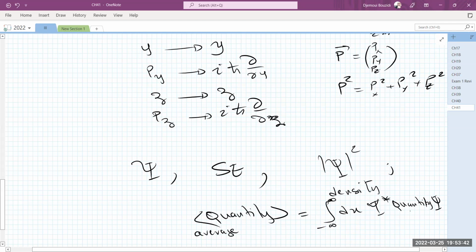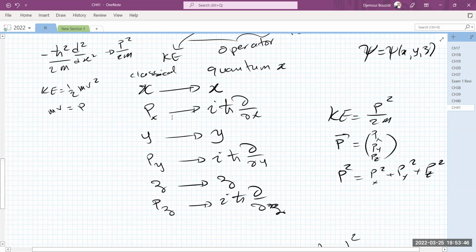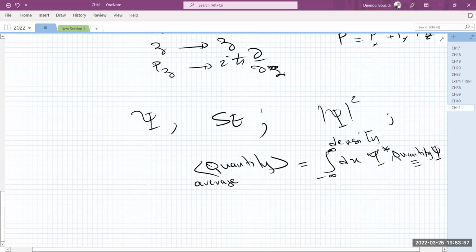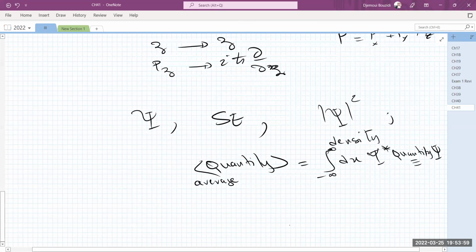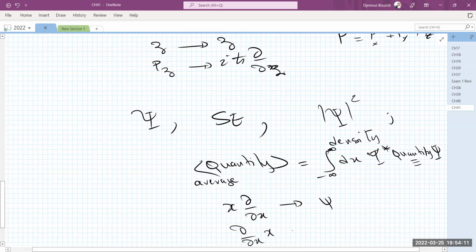Why? Because this quantity that I want to measure could have in it P, either one of these P's, so it potentially has this derivative. It's not true that, for example, if I take the function x times the derivative with respect to x operating on the function psi, is the same thing as the operator acting on the function when I multiply x times psi.